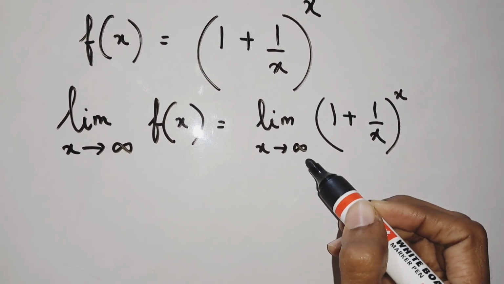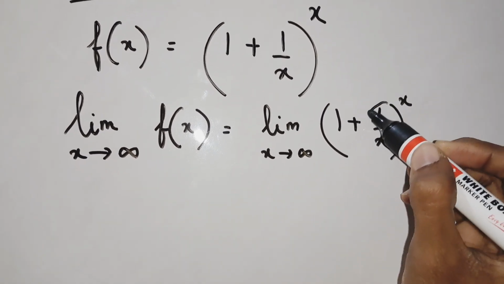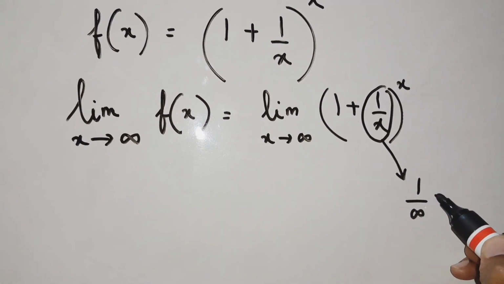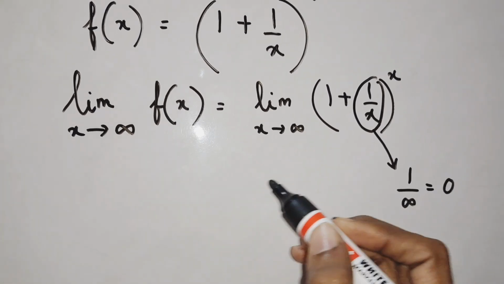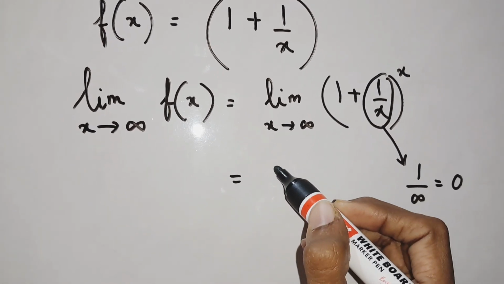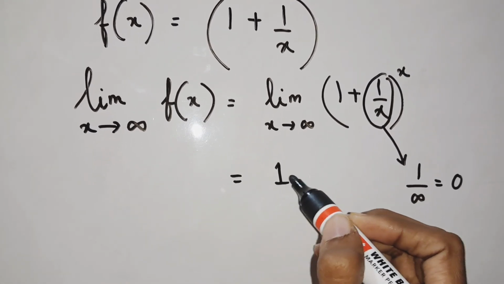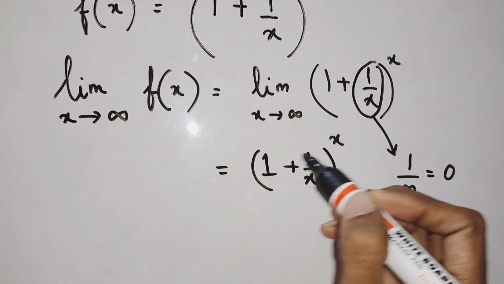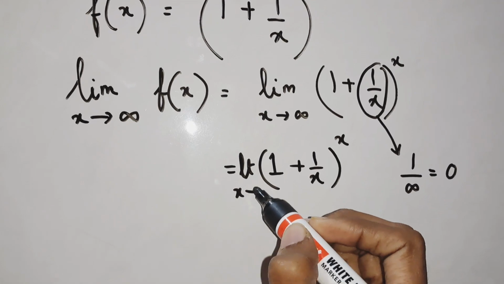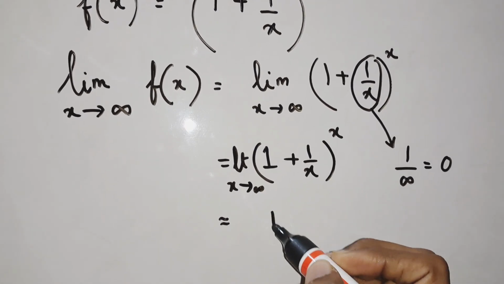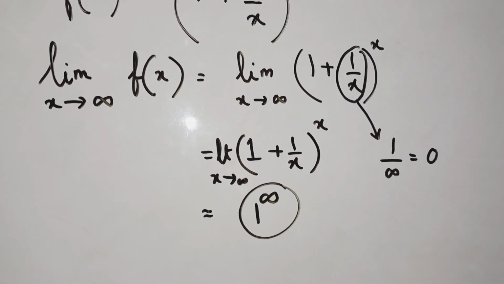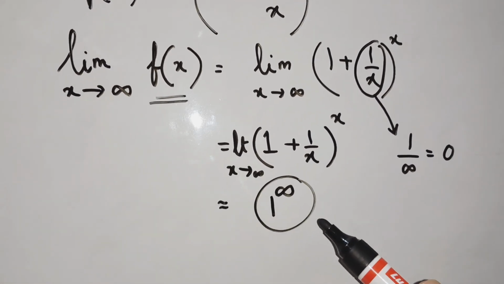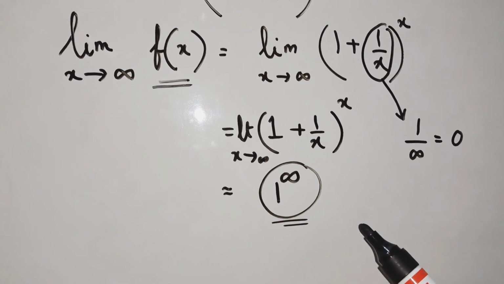Now as x approaches infinity, this 1 by x will vanish because 1 by infinity is nothing but 0. So the base approaches 1 and the exponent x approaches infinity, so it approaches the 1 to the power infinity form. So this function can be used to tackle numbers of the form 1 to the power infinity.